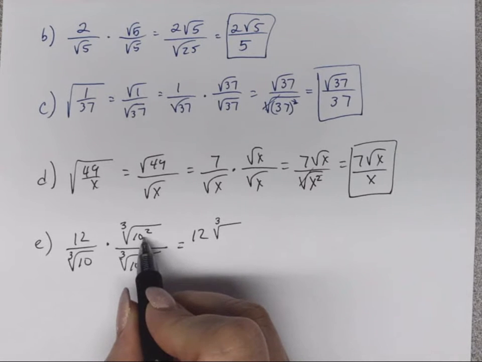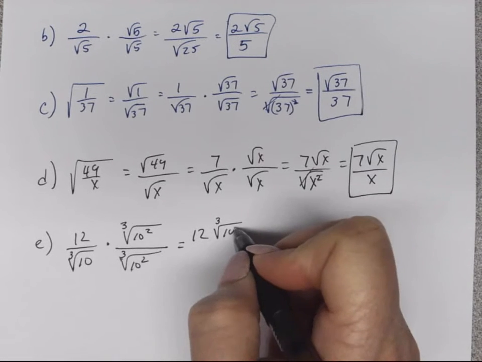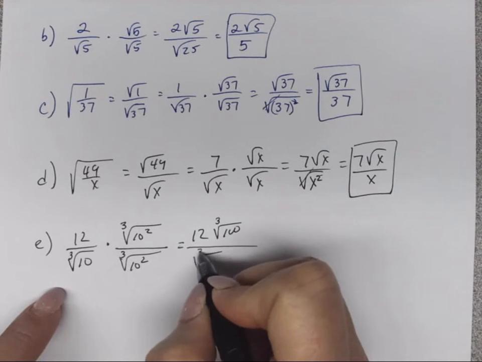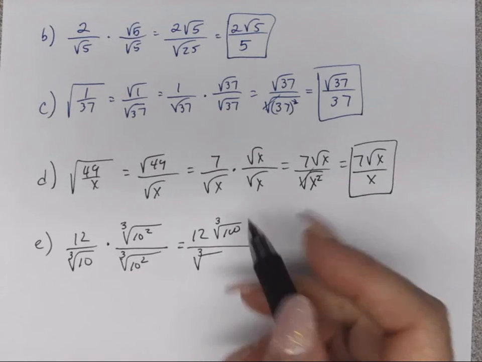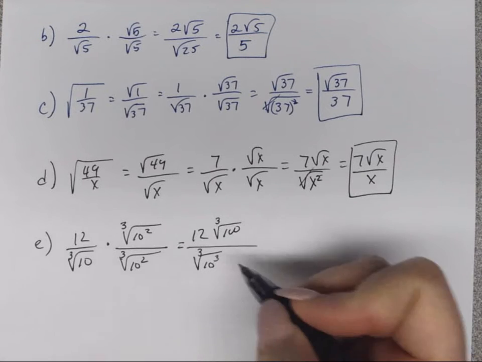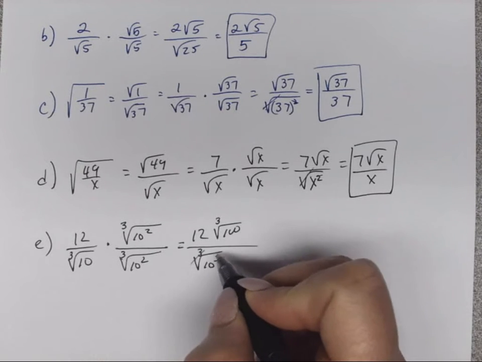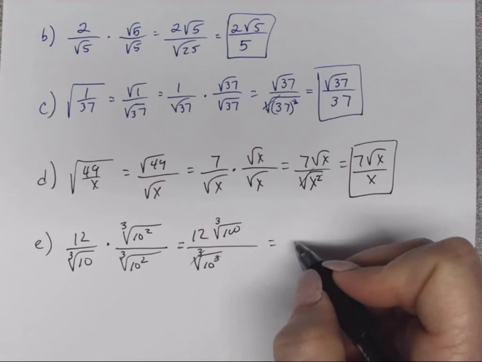I can go ahead and multiply that. 10 squared is going to get us 100. On the bottom, I have the cubed root. 10 times 10 squared will get us 10 cubed, which is also 1,000, but we really are caring about getting something that's cubed so that the cubed root of something cubed will just get us what's inside.